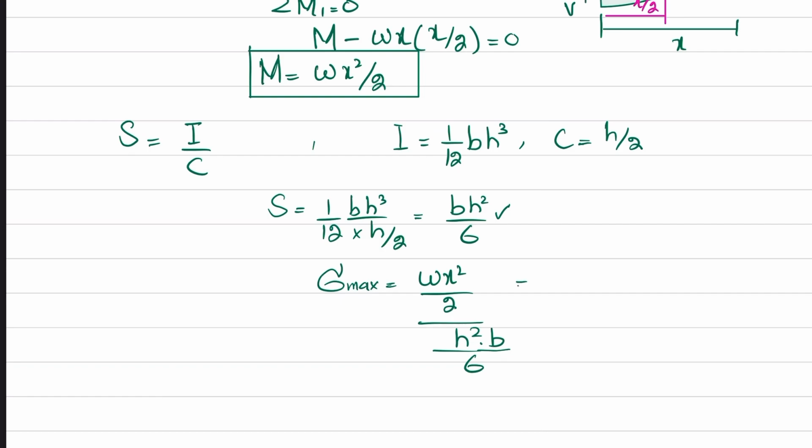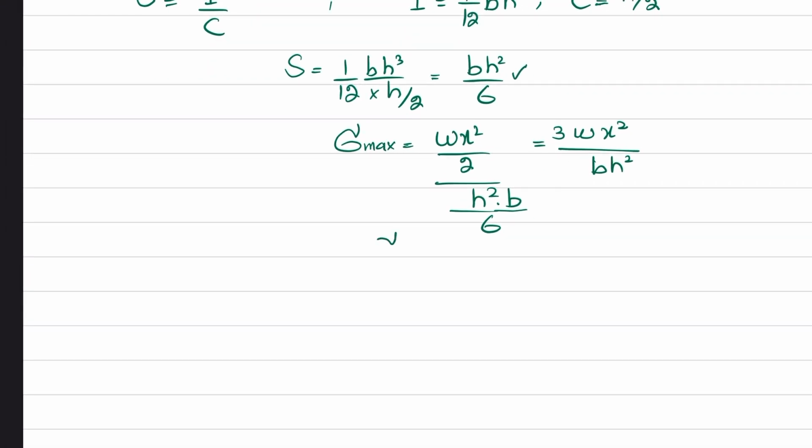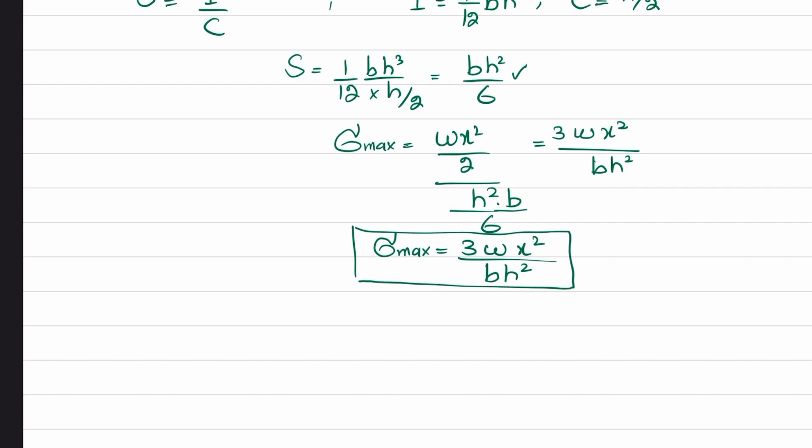So when you solve it, you will get 3wx square divided by bh square. So this is the bending stress. I will write it again: 3wx square over bh square. This is your equation number 1.